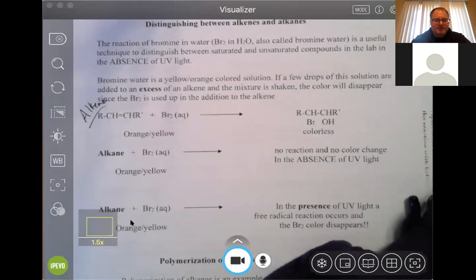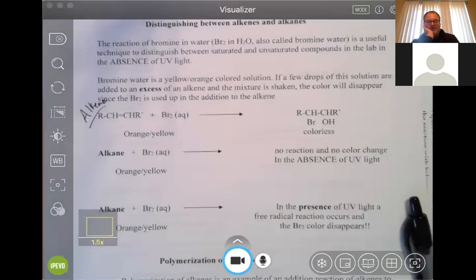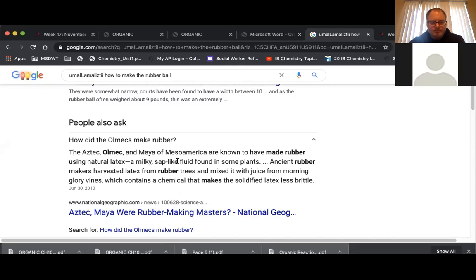Oh, look, Olmecs. Latex from rubber trees and morning glory, not moon, morning glory. So let me share that with you. I always thought that was kind of neat. The Aztec, Olmec, and Mayan are known to have made rubber.